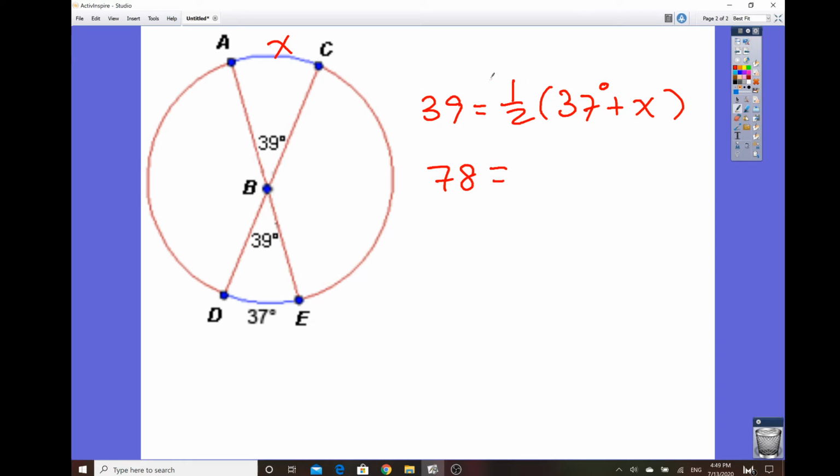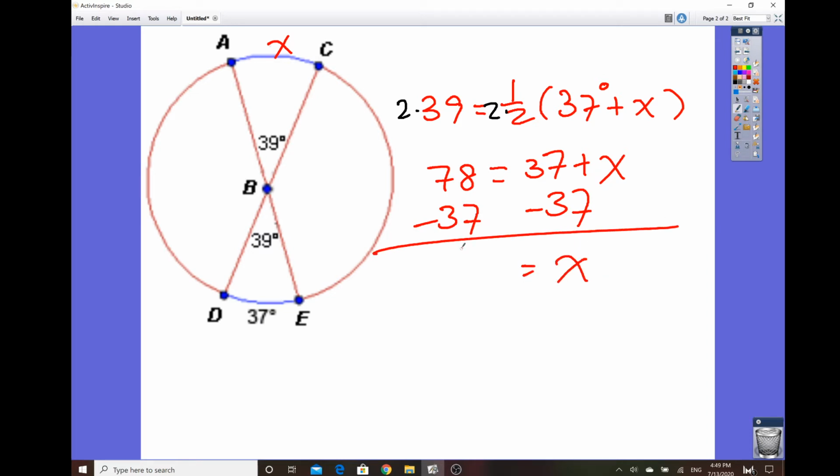I multiplied by 2 on both sides because you want to get rid of that 1/2. Then we end up with 37 plus X, and you subtract 37 from both sides. Once you subtract, X would be 41. So 41 degrees is the measure of the major arc AC.